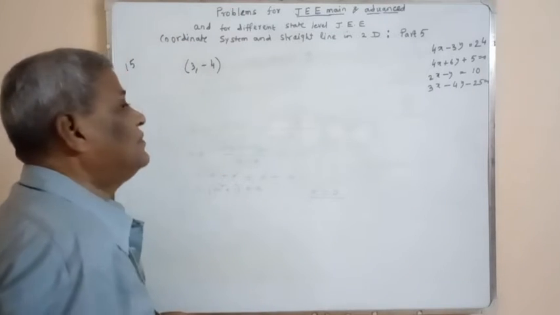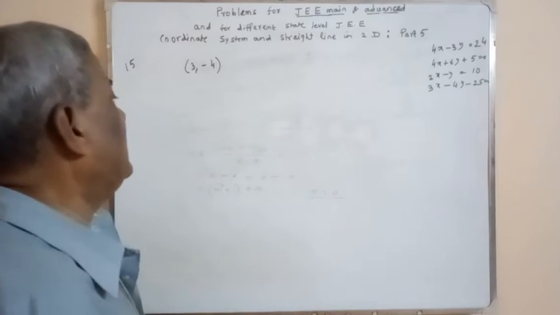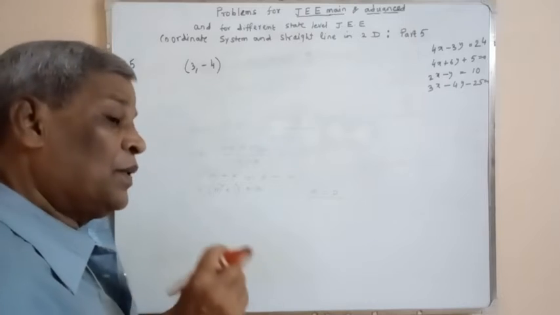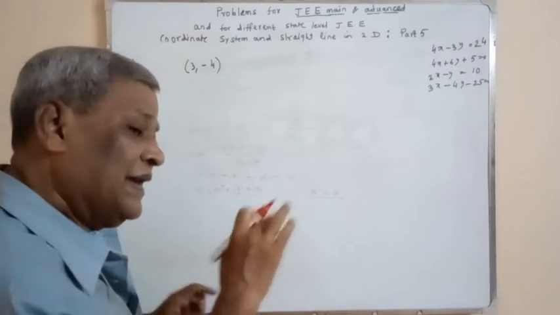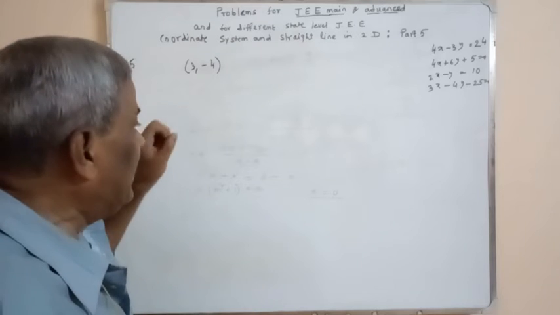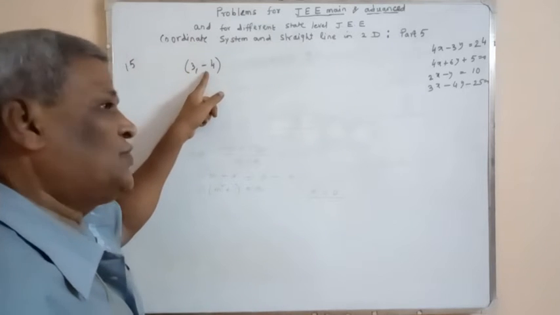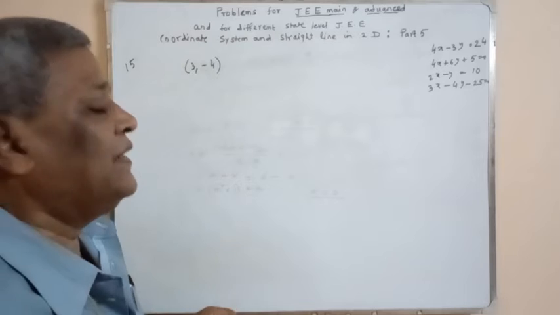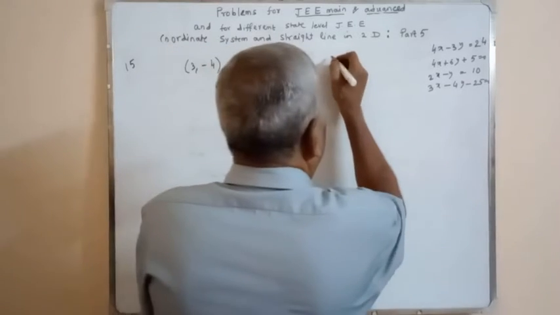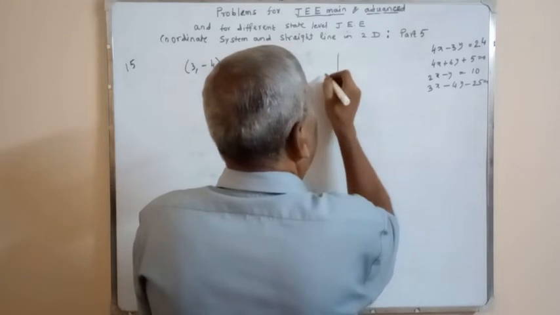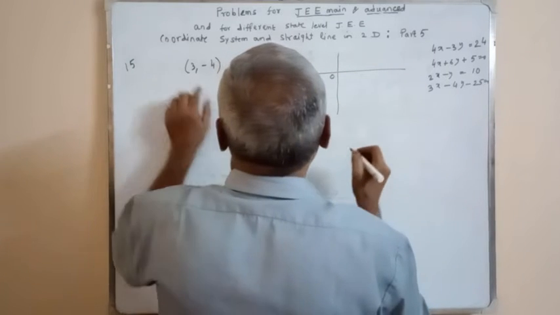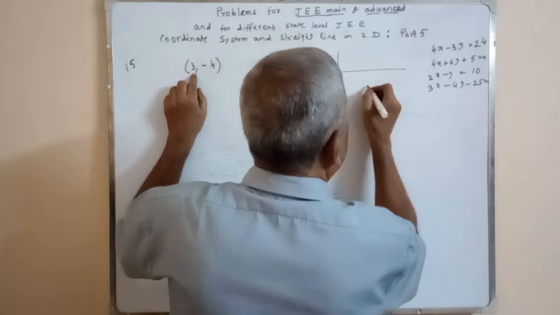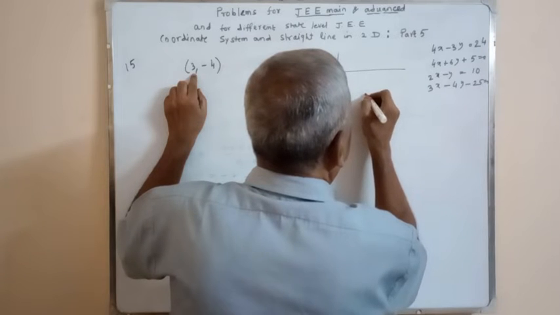Now, in that problem, it is given that the foot of perpendicular from the origin to a line is this. Then what is the equation of the line? It means this is origin O, and 3 comma minus 4 is a point somewhere there.